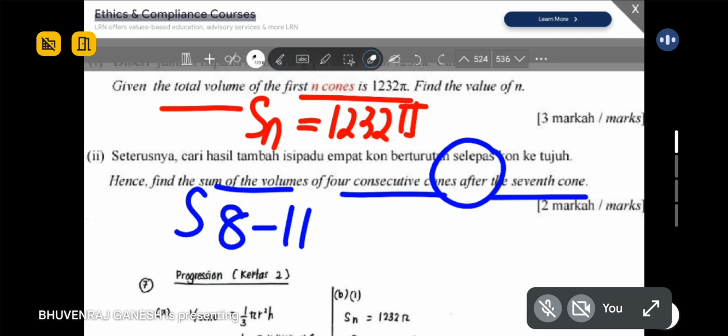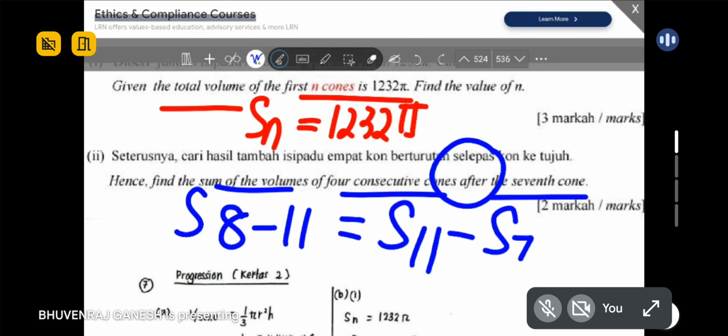So what is the concept? You can just take S11 minus S7. Am I right? It means you take the sum of the first 11 cones, yang 11 pertama, minus the volume of the first 7 cones. Then you will get from number 8 to 11. Do you see the concept, guys? How I get this one?